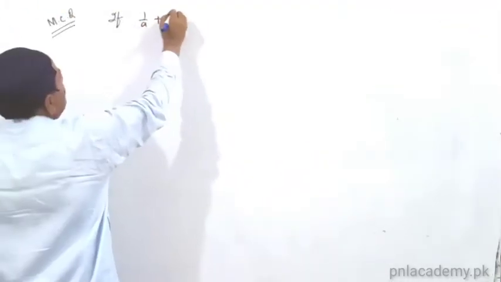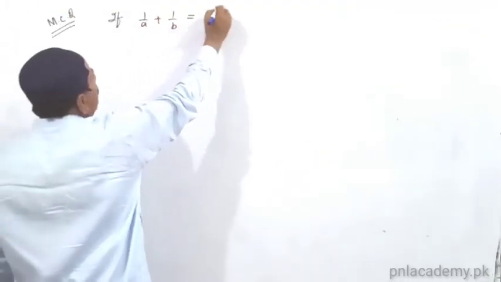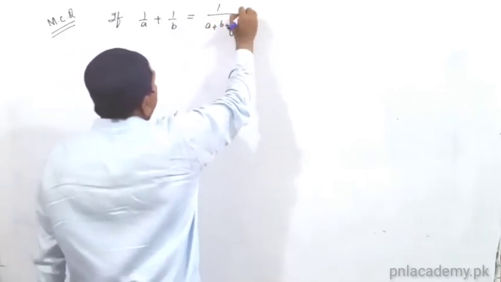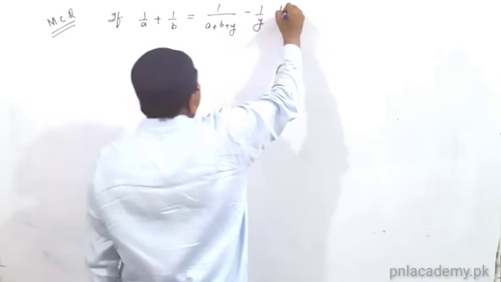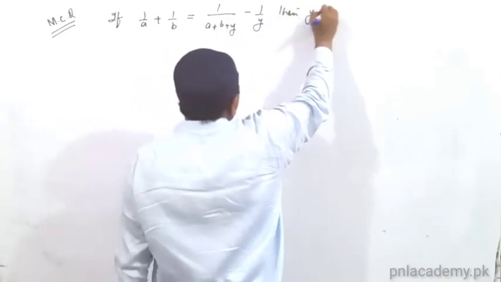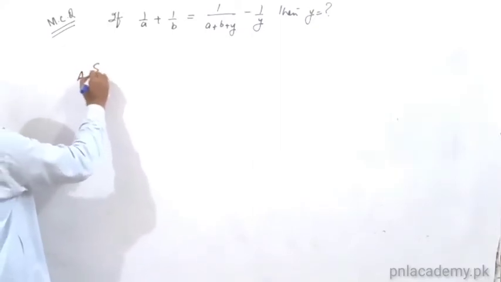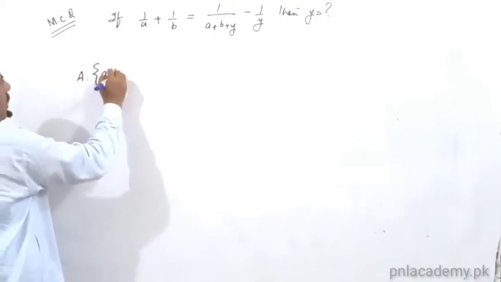If 1 upon a plus 1 upon b is equal to 1 upon a plus b plus y minus 1 upon y, then what should be the value of y? The options are: A is a comma b.